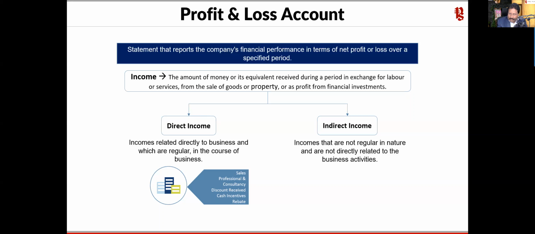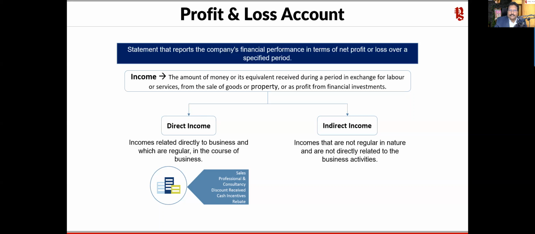But now we have to apply this criteria and see, so is it regular in nature? Maybe every 3 months or every 6 months you will do it. But is it related to the main activity or main course of your business? What is your business? My business is to deal with consumer durable goods. My business is not to deposit money in the bank and earn interest.